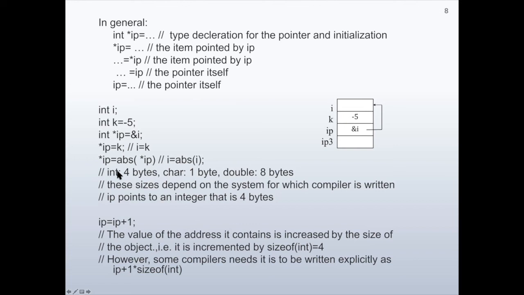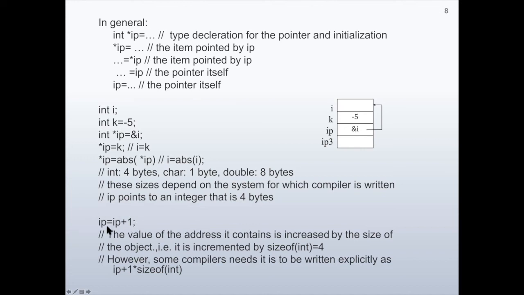An integer reserves 4 bytes in memory. A character is 1 byte and a double is 8 bytes. These sizes depend on the system for which the compiler is written. IP points to an integer that is 4 bytes.